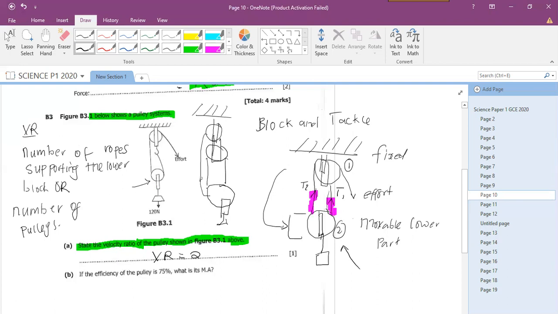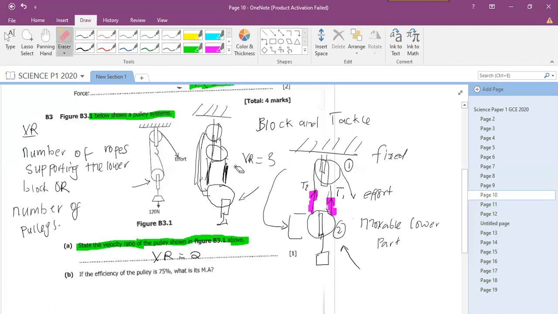And you can see that this is a 3-pulley system, meaning the velocity ratio is going to be 3. Or you can just count the number of ropes supporting this lower pulley: 1 rope there, 2, and the one that's connecting to the pulley that's above. So the velocity ratio for a 3-pulley system would be 3. Velocity ratio for a 4-pulley system would be 4, and so forth.